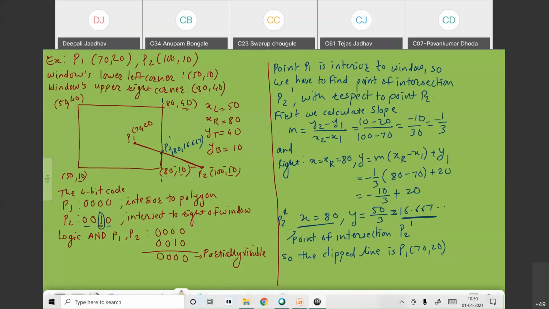Why? Because it is interior. We are not going to calculate any other things for P1. And then the new intersection P2 dash (80, 16.667). So that line is only going to be considered, and the remaining line is clipped or rejected. In this way, if any number of lines are given and the window size is given, we can calculate the point of intersection for all these lines. That is a simple example.